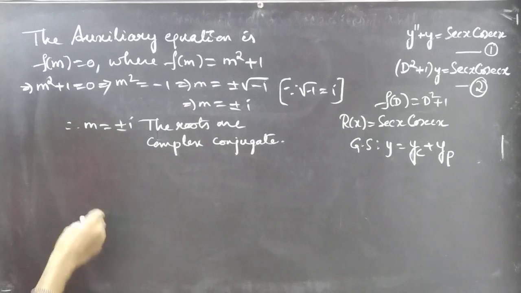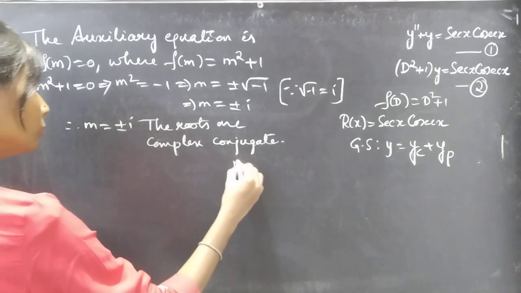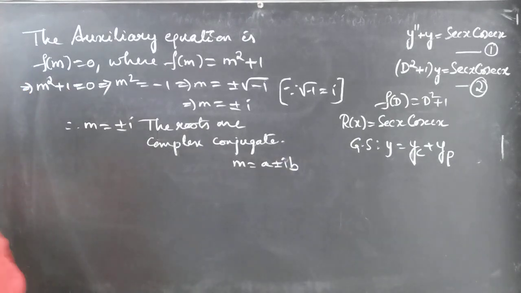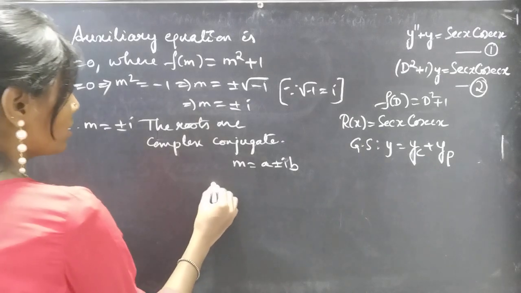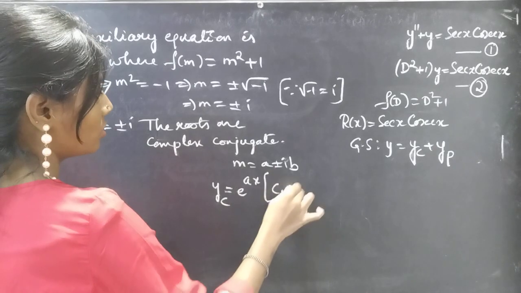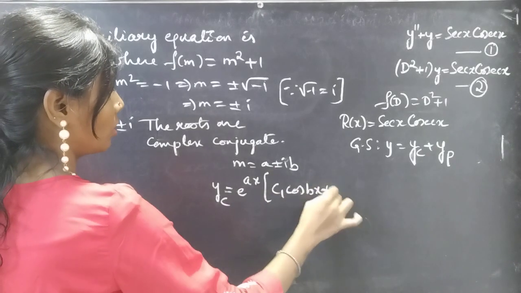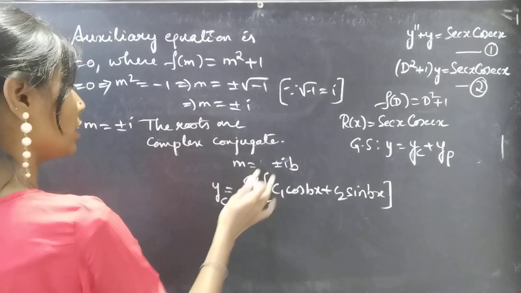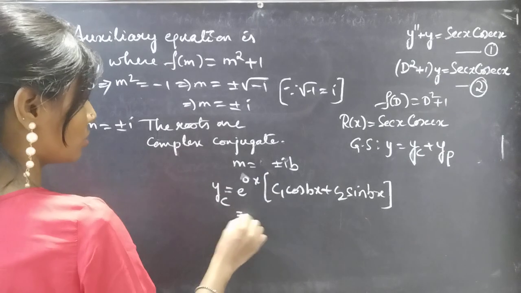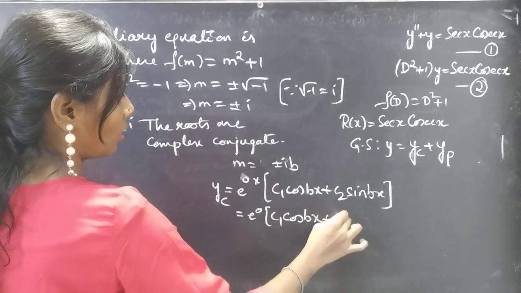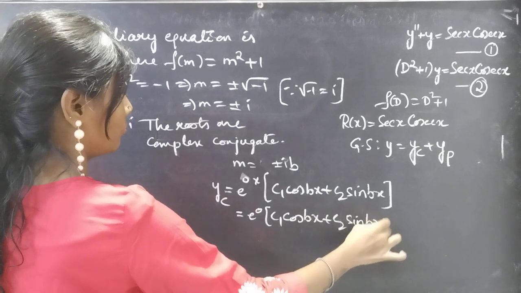We know that when m equal to a plus or minus ib, that is, the roots are complex conjugate, then yc or complementary function looks like e power ax into c1 cos bx plus c2 sin bx. In case of a equal to 0, we'll get e power 0 into x, which is e power 0 of c1 cos bx plus c2 sin bx.